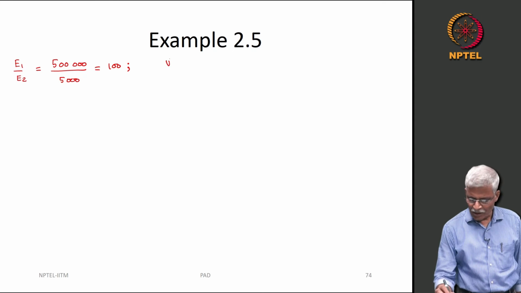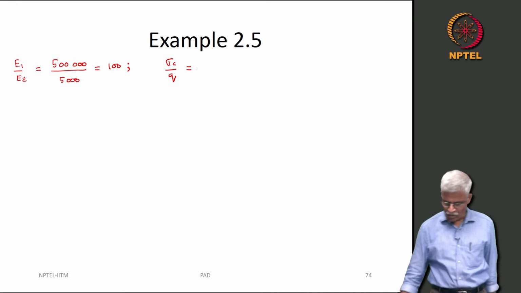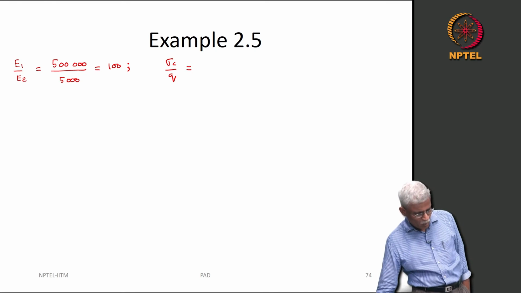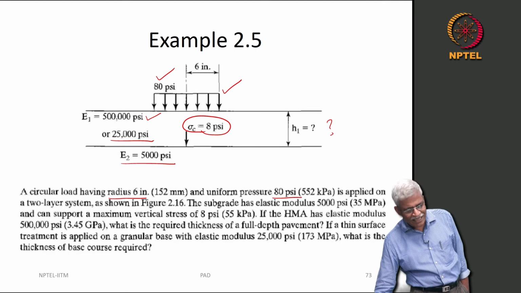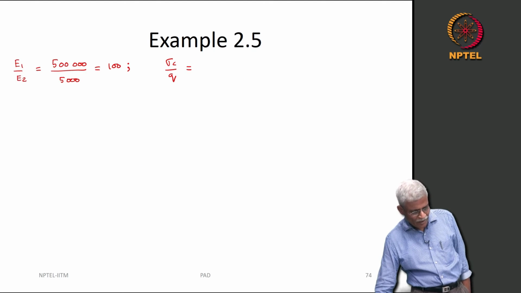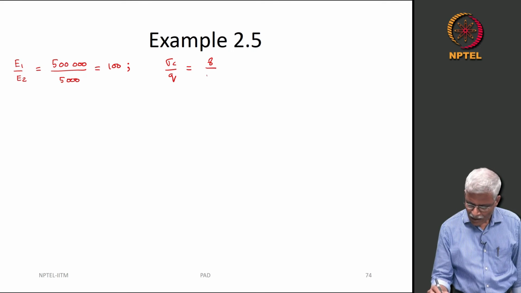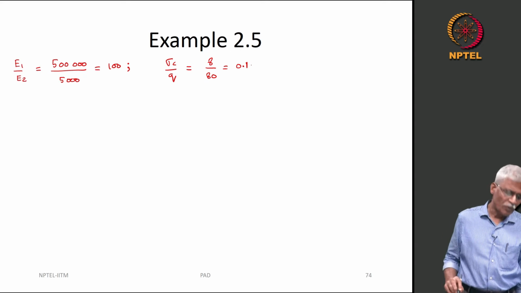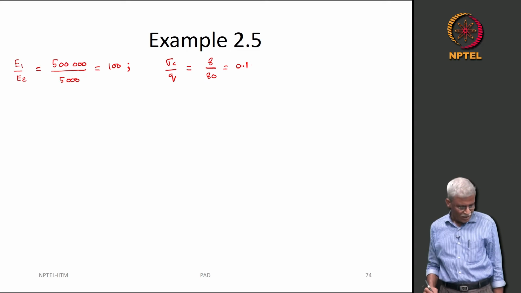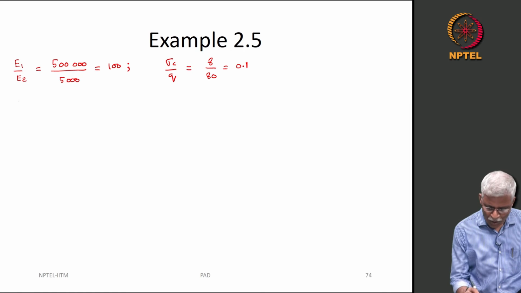Now, the next thing that you need to write is what is sigma c by q. Sigma c is 8, q is 80. So, it is going to be 8 by 80, which is 0.1. It is a dimensionless ratio.